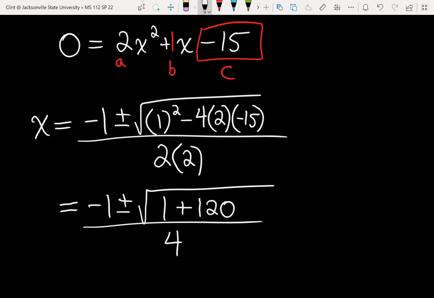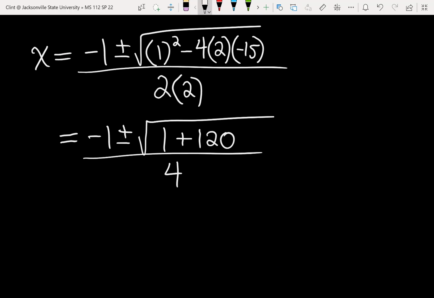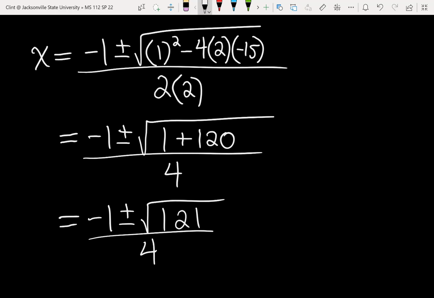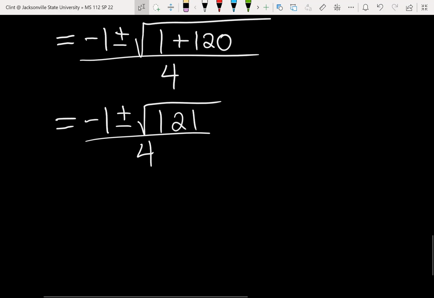So 4 times 15 is 60, times 2 is 120, and it's positive because we had 2 negatives in there. That works out nice for us because 121 is a perfect square. What's the square root of 121? 11, yeah, that's a bigger one, so that's okay.